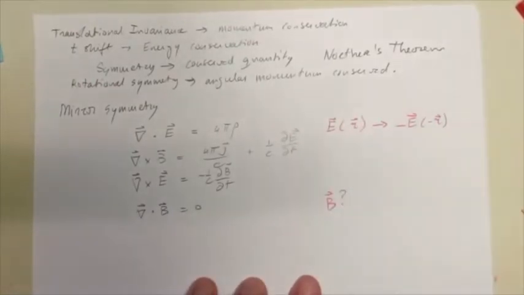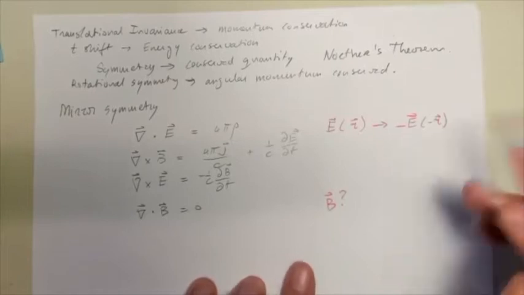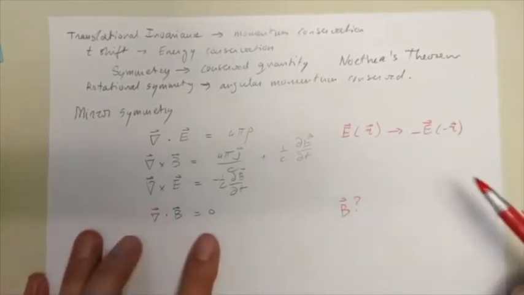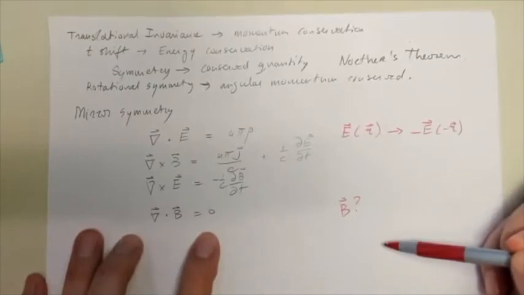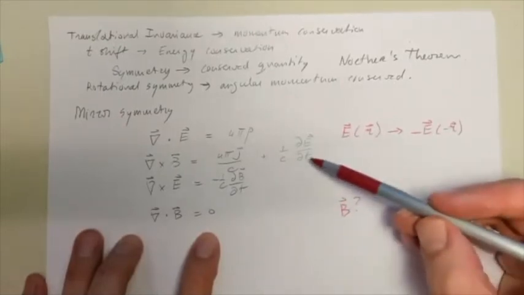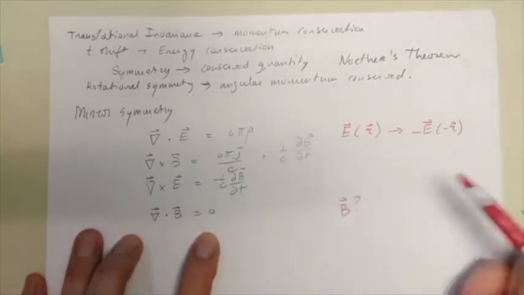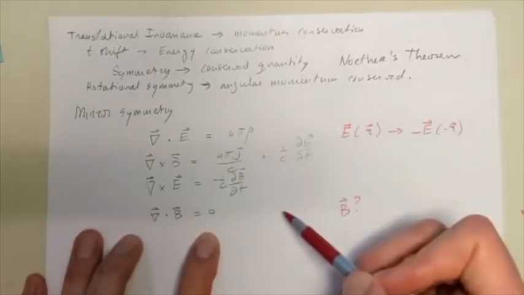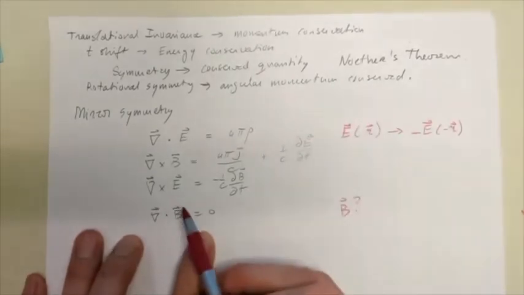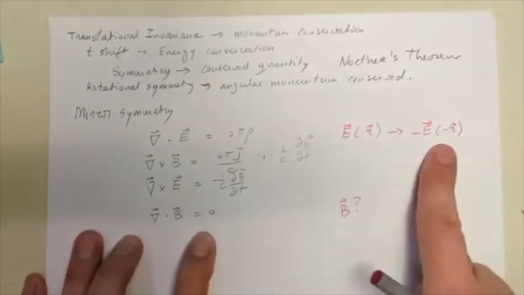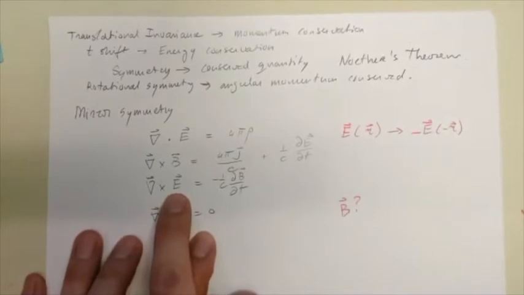So the question is how do we get there? Well, we're inverting the axis, let's say the x-axis. So through here, we know that the sign of E is going to change.